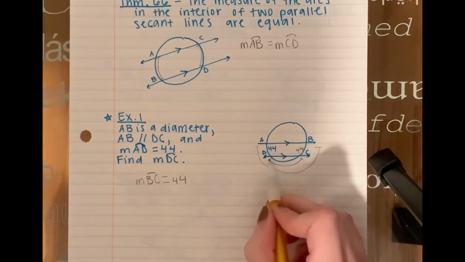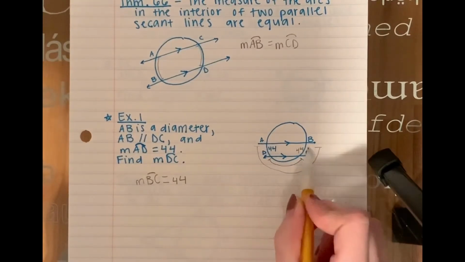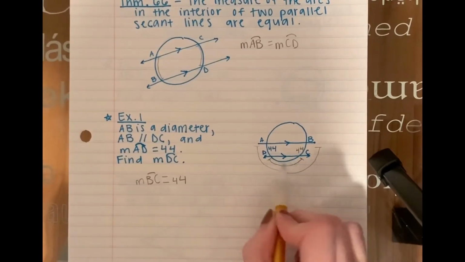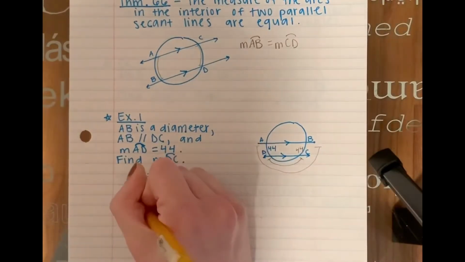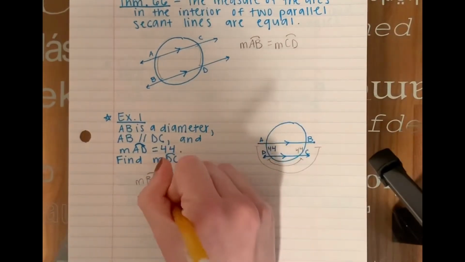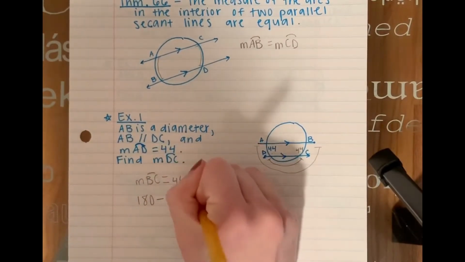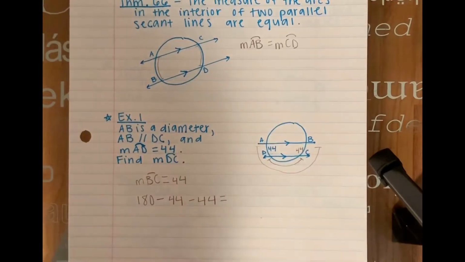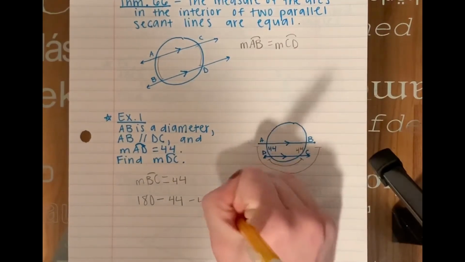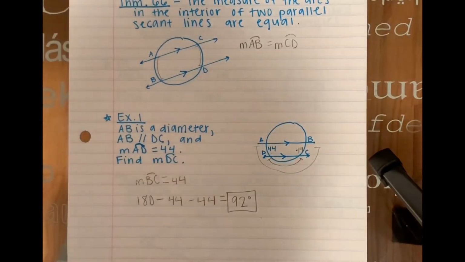To find DC right here, we would take the whole arc, 180, and subtract out AD and BC, and we'll be left with just DC down here. So if we take 180 and we subtract out 44 and 44, then we'll get our answer, and you should get 92 degrees. And that's example 1.